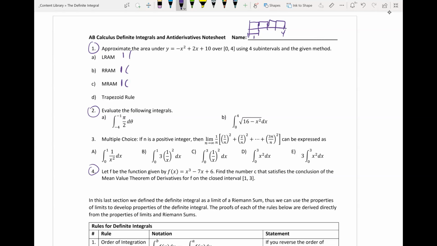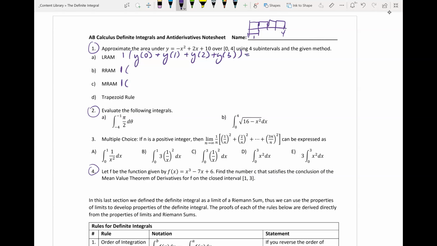For the left Riemann sum, we use all the left points: the y value at x equals 0, then x equals 1, x equals 2, and x equals 3. I'm just going to write it like this because we are going to use a calculator to save us some time: y of 0 plus y of 1, y of 2, and y of 3.